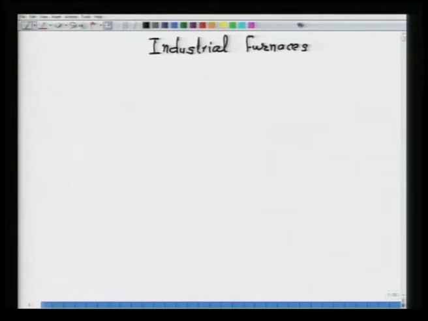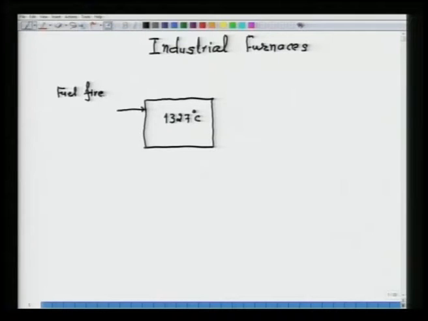Now, in this particular example, let us consider a fuel fired furnace which is maintained at the temperature 1327 degrees Celsius. This furnace is a fuel fired furnace, a solid fuel fired or coal fired furnace, having 70% carbon.